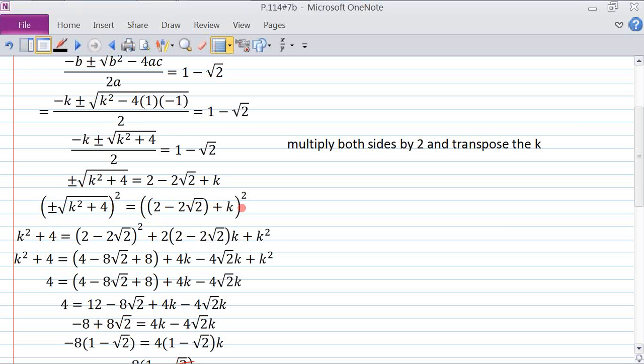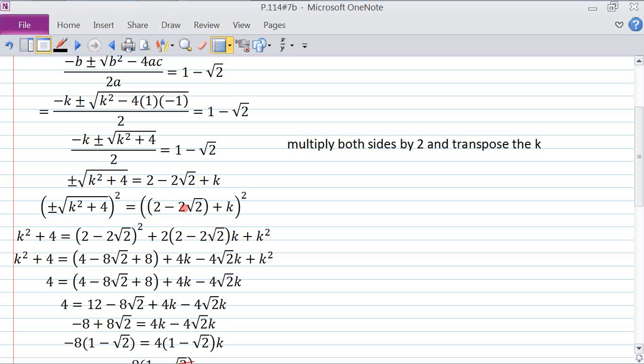We're going to square this whole term right here. So the first squared gives us this. The last gives us this. And the inner and outer will give us 2 times 2 minus 2 root 2.